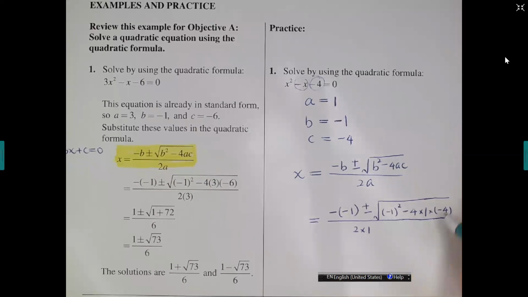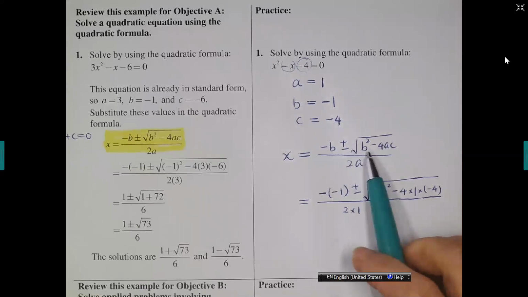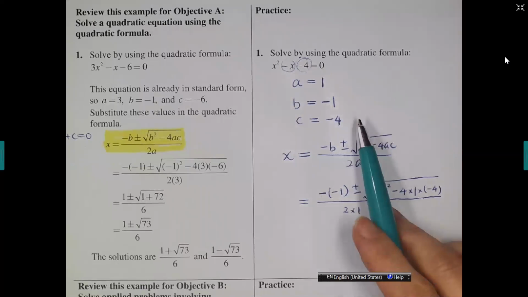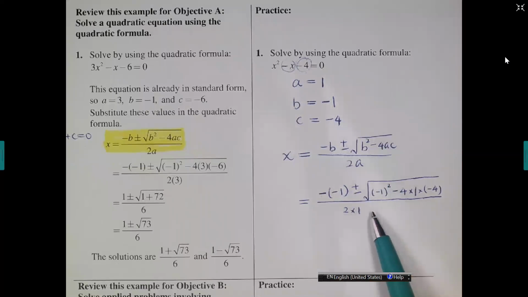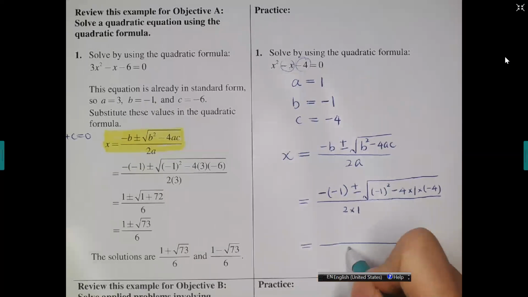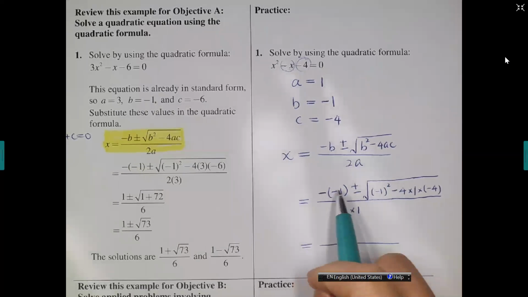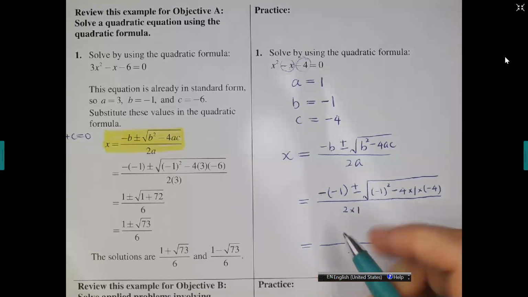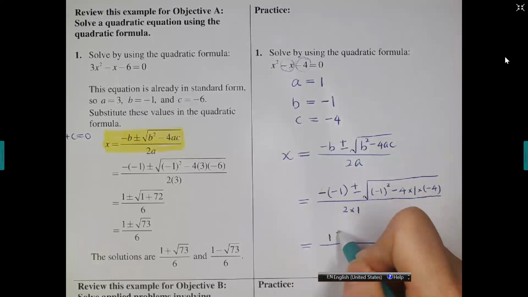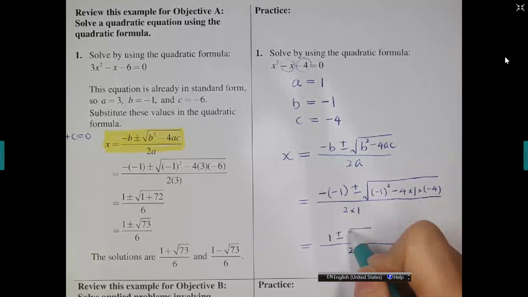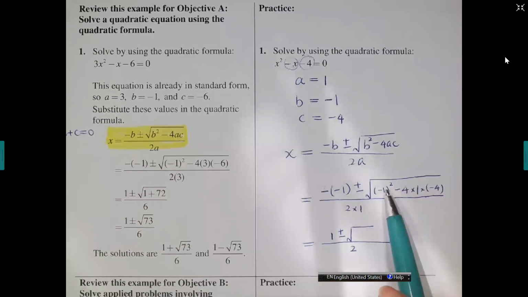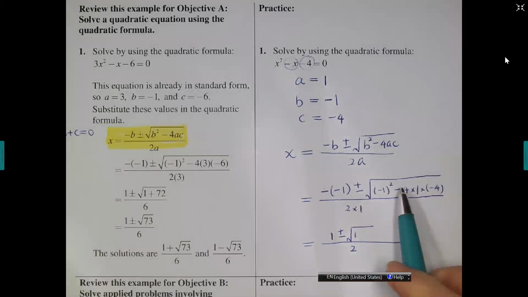You don't do anything else: copy the formula down and then plug a, b, and c into it. What do we do next? Simplify this expression. The denominator, 2 times 1, is 2. In the numerator, negative negative 1 turns into positive, so I get positive 1, either plus or minus the square root. Negative 1 squared is 1. Follow the PEMDAS rule.